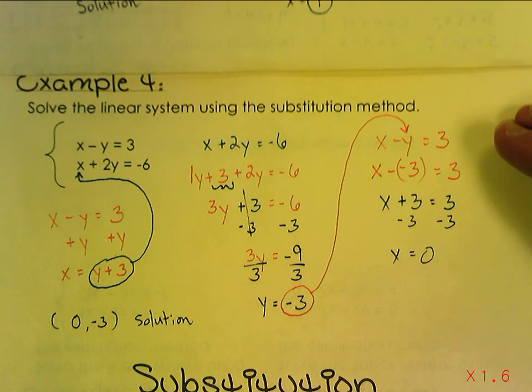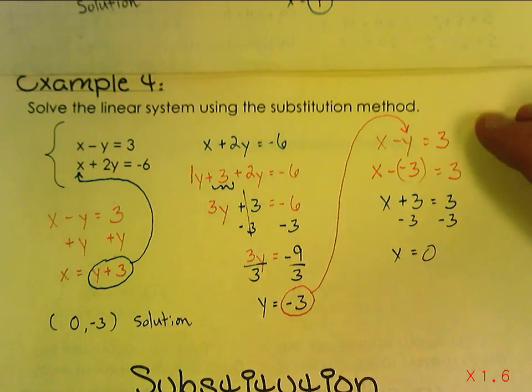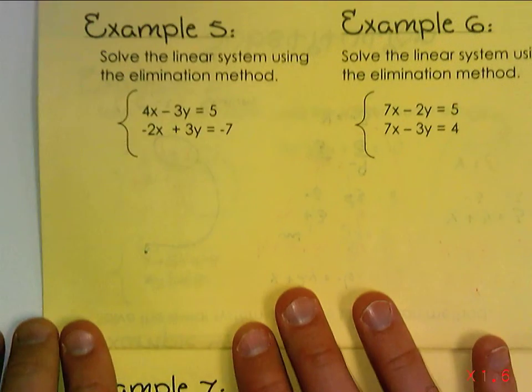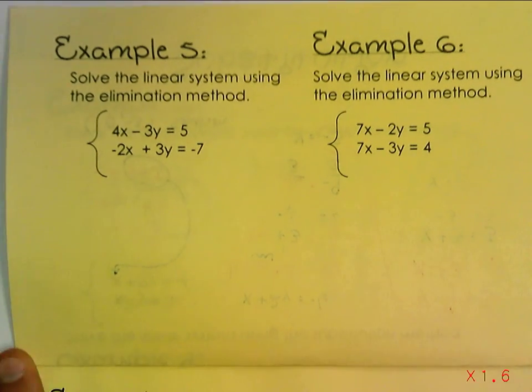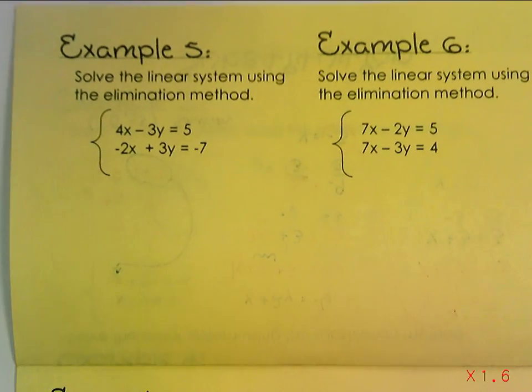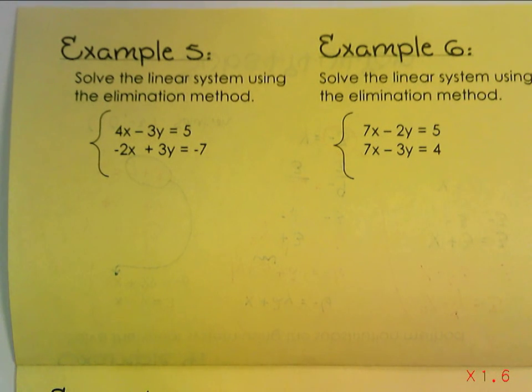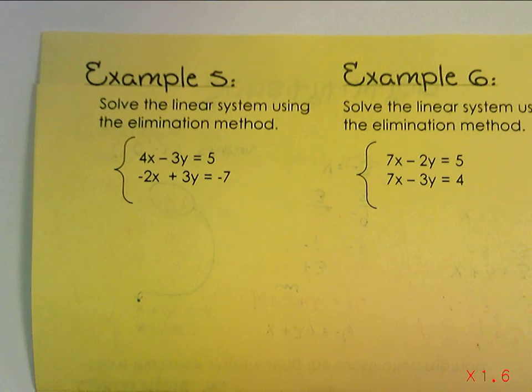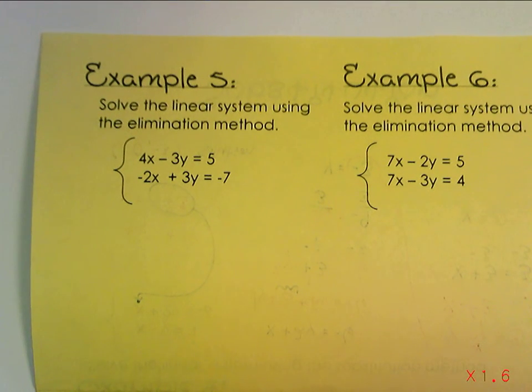And last but not least, we're going to work with elimination, which is probably the most complex version of this. But ultimately, all of these versions give you the solution or where the two lines intersect. Alright, so we have a bunch of different versions of elimination we can use.